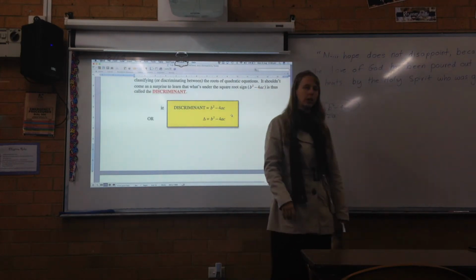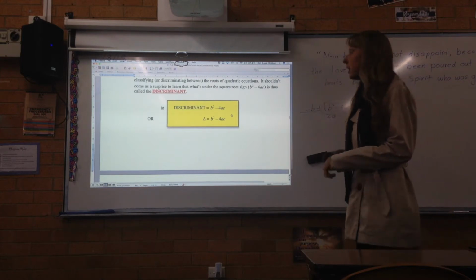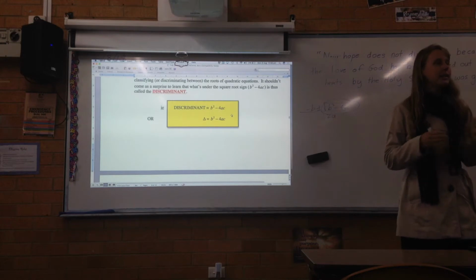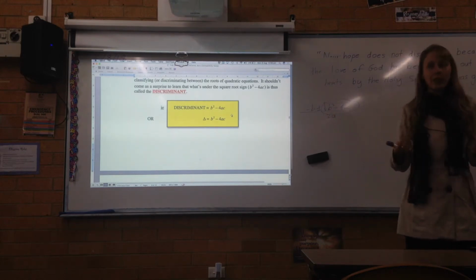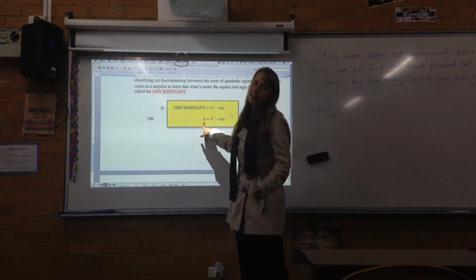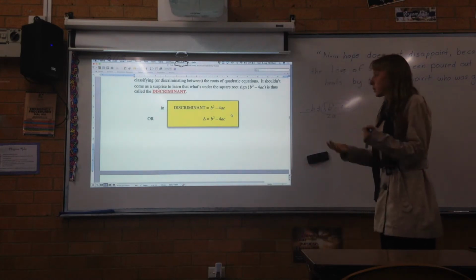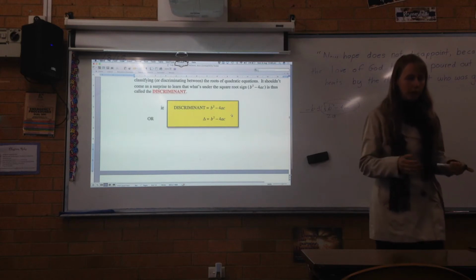It's delta. So we've used little deltas before, but this is the capital letter. D for discriminant, and in maths we use a lot of Greek, so we're using capital D in Greek instead of the capital letter in English. So that discriminant tells us about what the roots are.